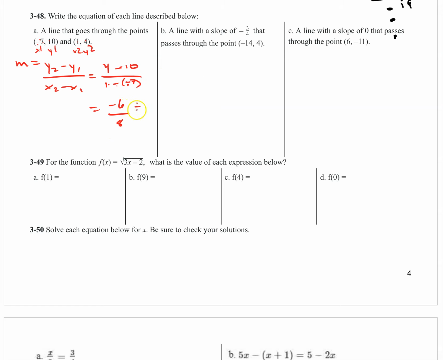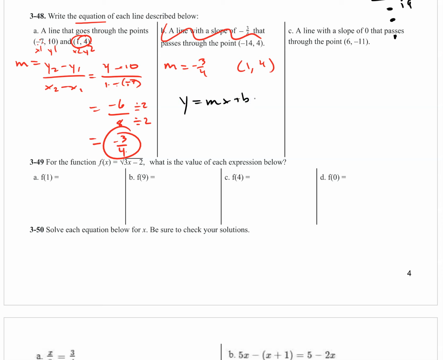You're not done yet because these are both even, so let's divide by 2, and we get negative 3 over 4. That's our slope, but we need the equation. So let's take the slope, and we'll pick a point. Then we'll plug it into the magic formula, y equals mx plus b.